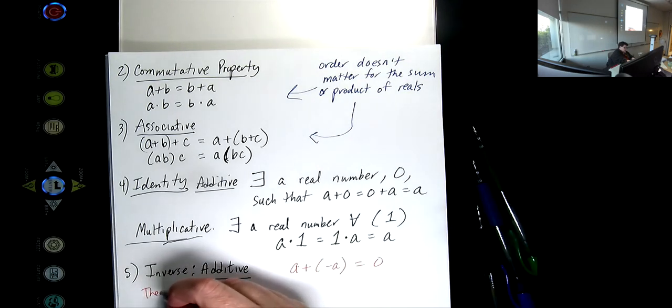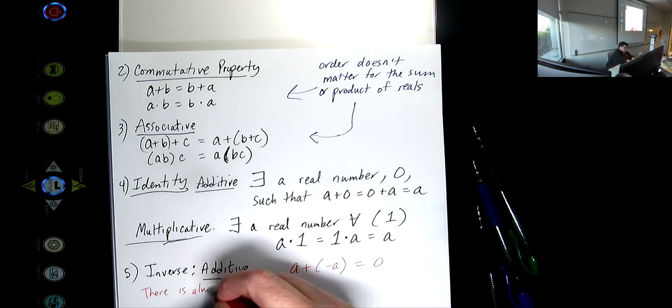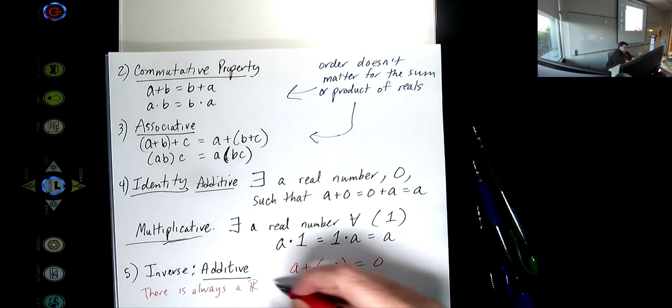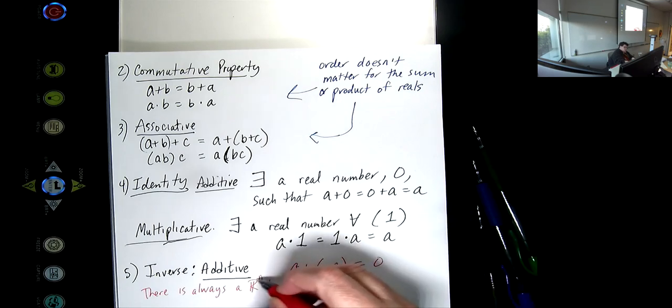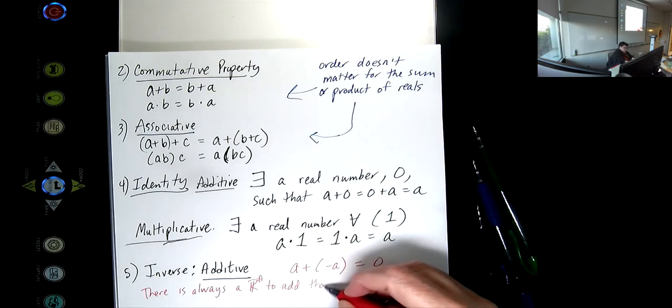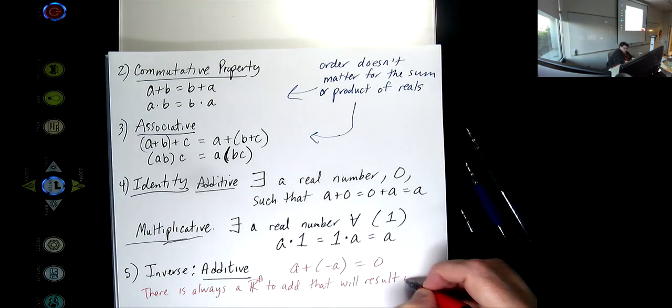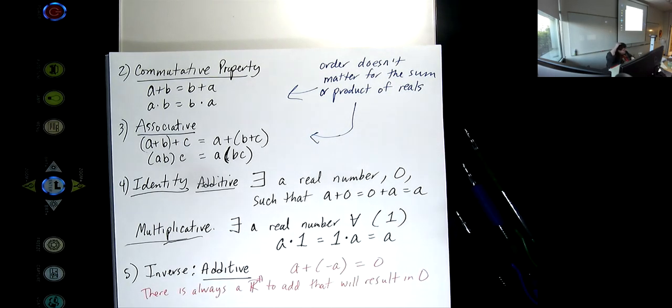There's always a real number to add that will result in 0. And for our basic real numbers, that's the same number with the opposite sign.